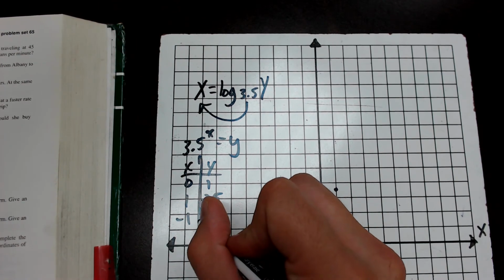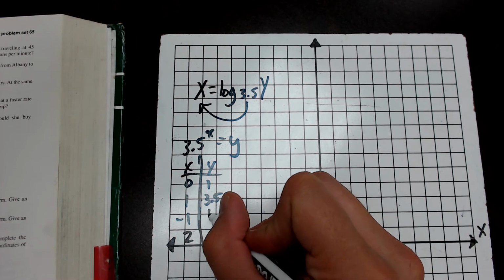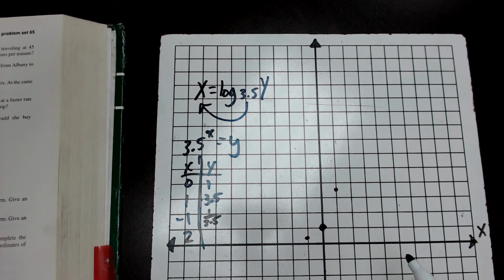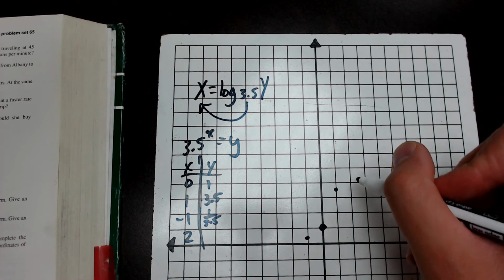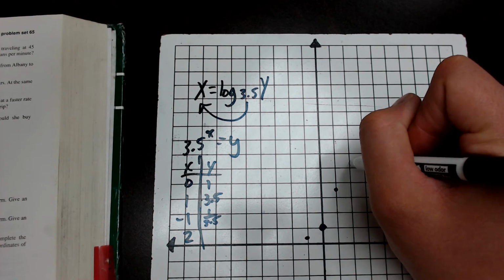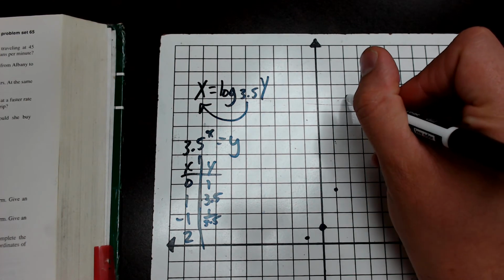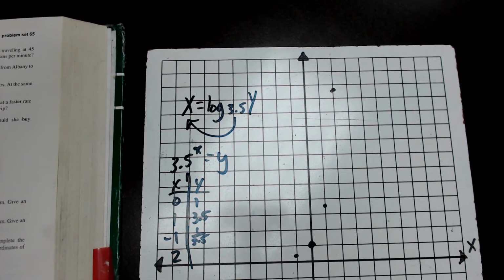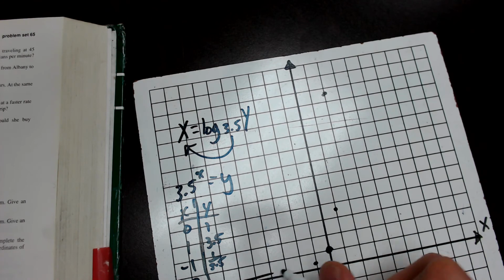And then let's plug in a 2 just for fun. 3.5 squared is going to be 12.25, about 11.5 on my graph. Right, so this is the graph of our function.